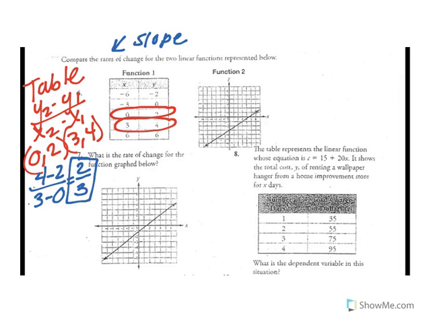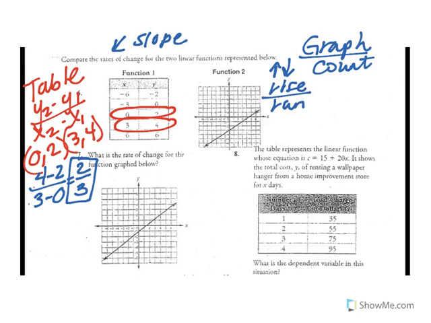Now when you find the slope for function 2, you're going to do this by counting. So when you find the slope of a graph, you count using what you know about rise over run, because that's slope. So you always start on the y-intercept, and you would find a point where they intersect the graph perfectly.